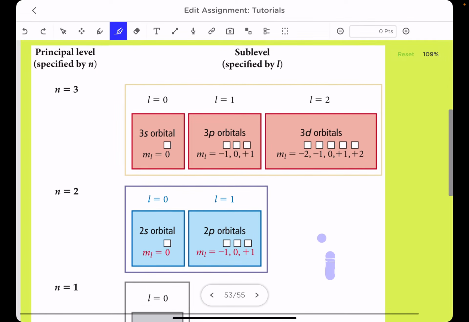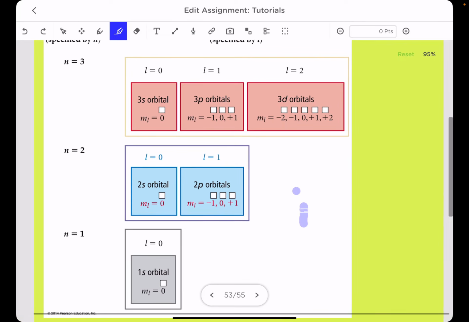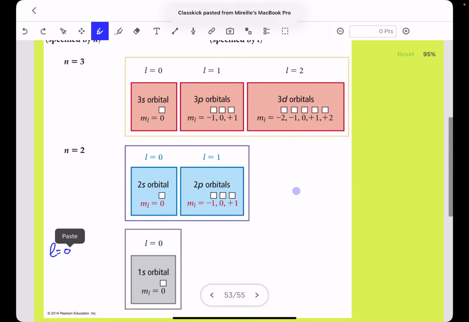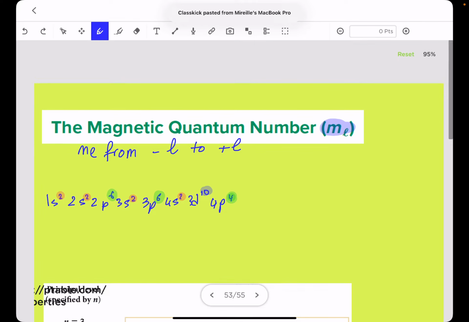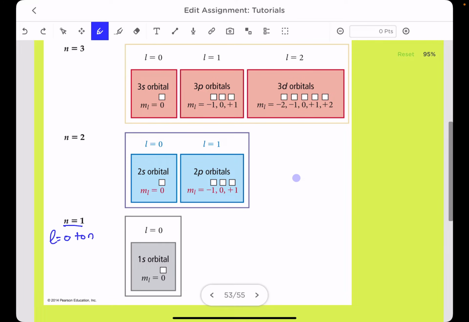Here, this is a very good example written to explain the ML. When the principal quantum number is equal to 1, L is going to be from 0 to n minus 1. So 1 minus 1 is 0.